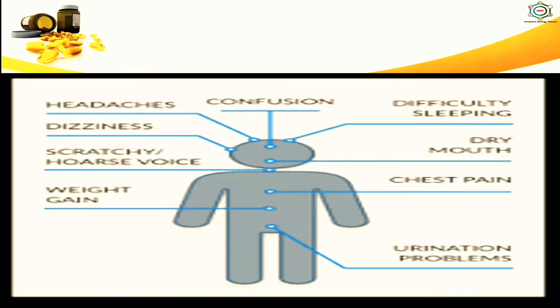Here you can see the symptoms, that means the effects of using methadone: confusion, difficulty in sleeping, dry mouth, chest pain, urination problems, weight gain, hoarse voice, dizziness, headaches, etc. So these are the symptoms when a person uses methadone.